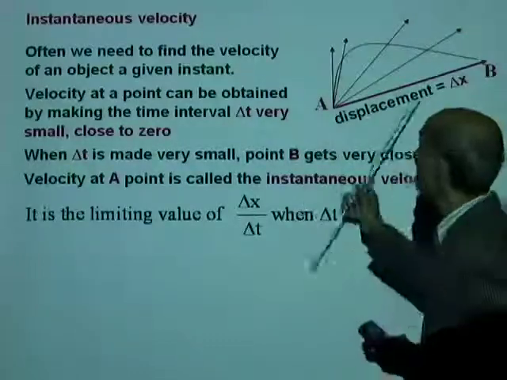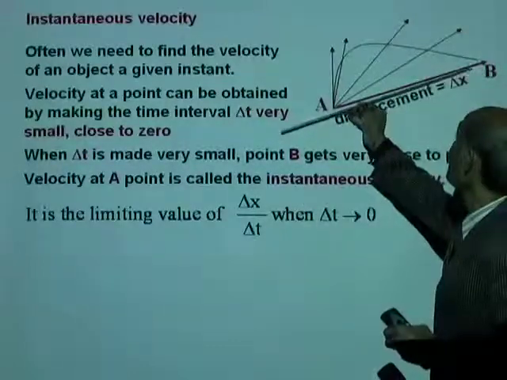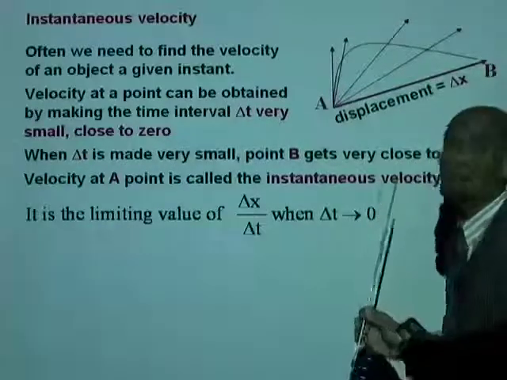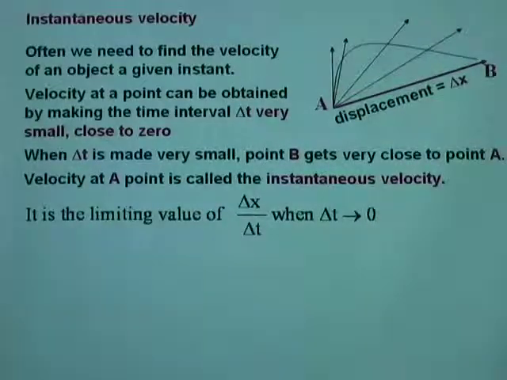Let me come again here. You can see delta x divided by delta t. Can you tell me what quantity delta x divided by delta t defines? If this is my delta t, then delta x divided by delta t is the rate of change of position.